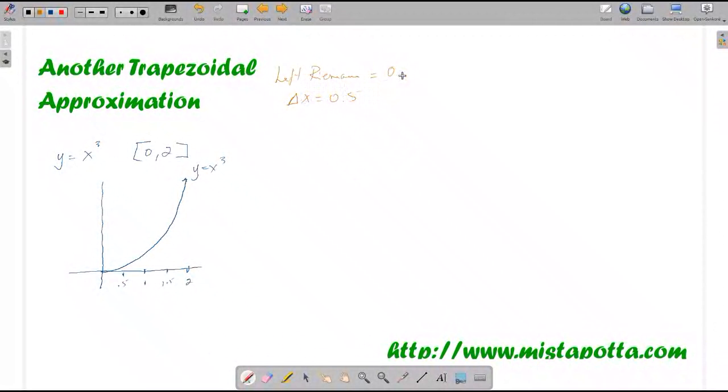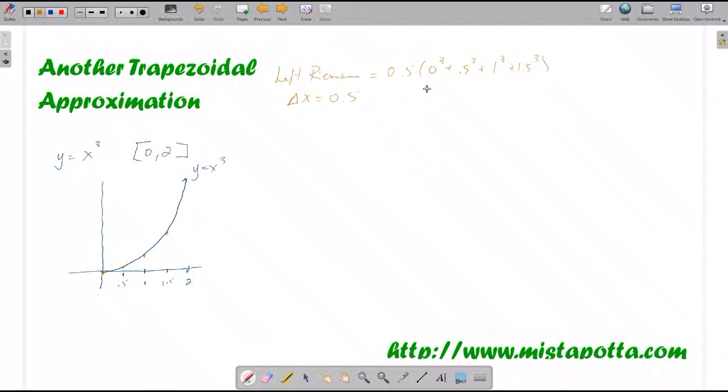So I'm going to have 0.5 times my function evaluated at the left endpoints: 0 cubed plus 0.5 cubed plus 1 cubed plus 1.5 cubed.